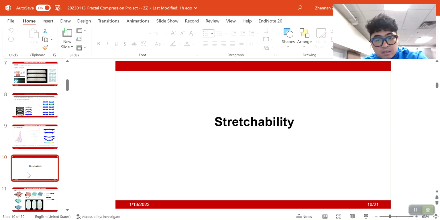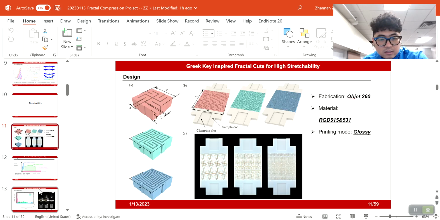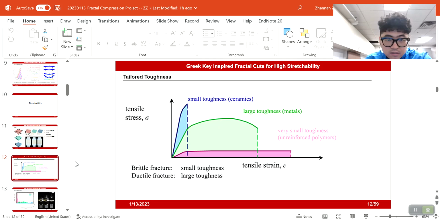And then another study is the stretchability. We use these three kinds of structure to study the stretchability of the Greek key inspired structure and to realize the tunable properties of this structure.